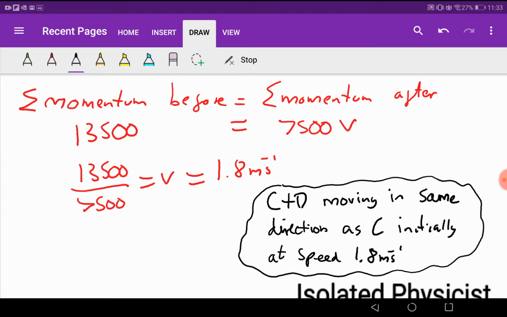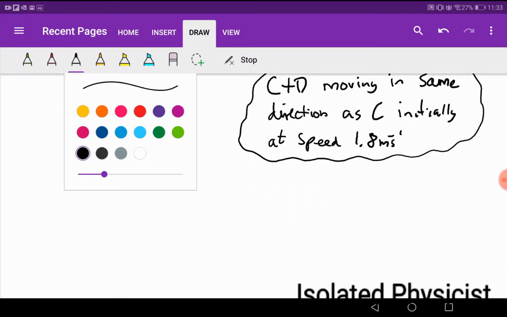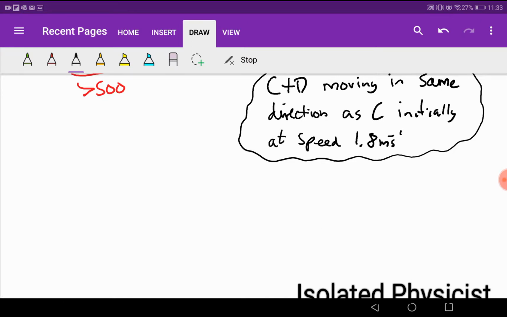Just a quick note on head-on collisions. Questions get really fruity in what they say. So you might have A going that way and B going this way, and then one of four things can happen.